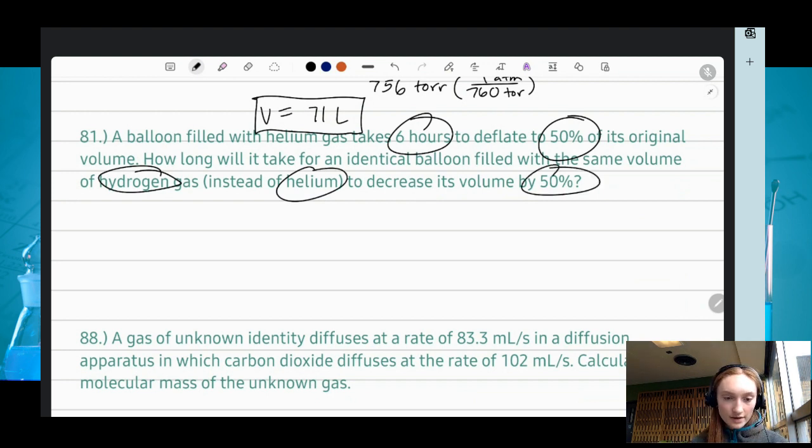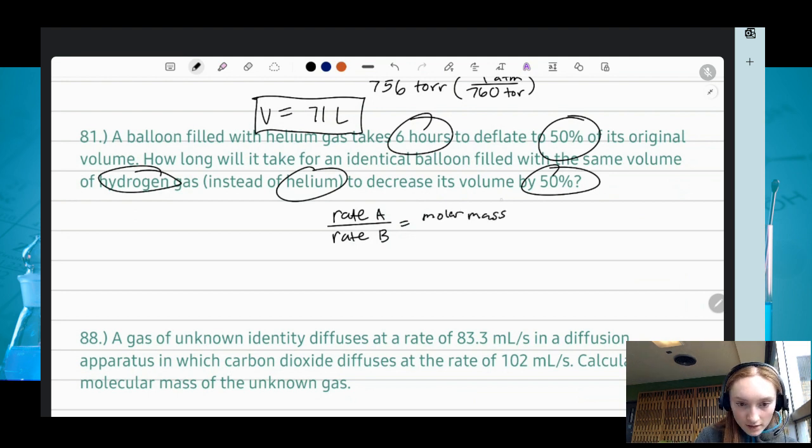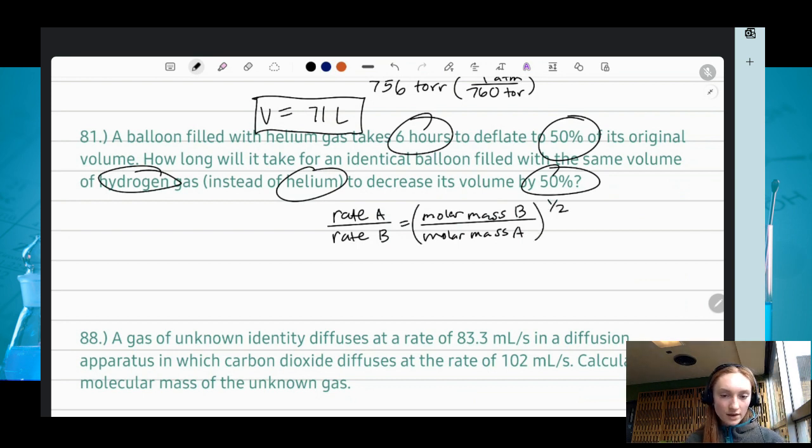Okay, so there is an equation for this exact problem, and the equation says rate A divided by rate B equals molar mass B divided by molar mass A, all raised to the 1/2 power. So that is the equation that we are working with here.